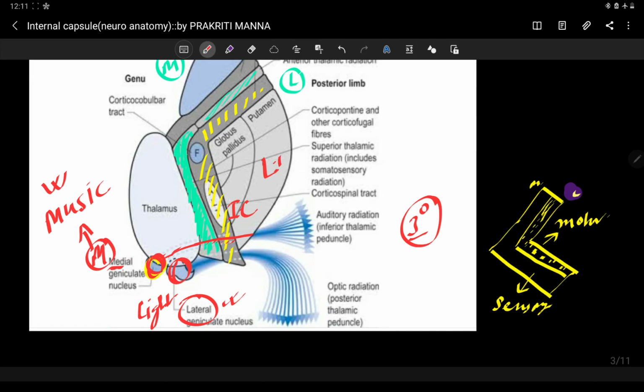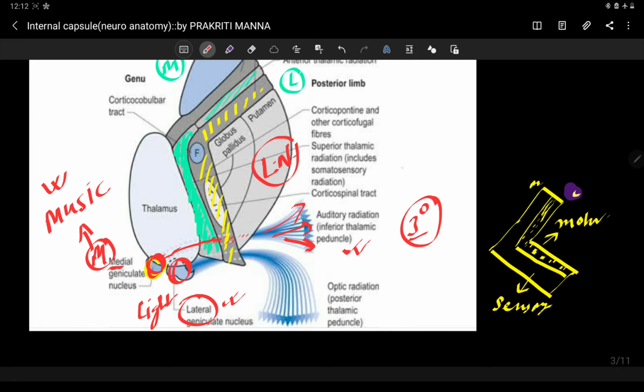This is the lentiform nucleus. That's why these fibers are called your sublentiform fibers. Because they are passing below the lentiform nucleus. Here you can see I dotted this. That means they are below the lentiform nucleus, and then they are reaching your auditory cortex.